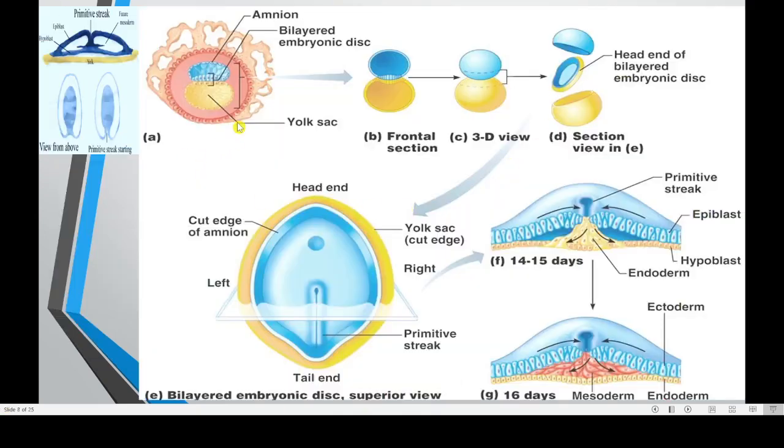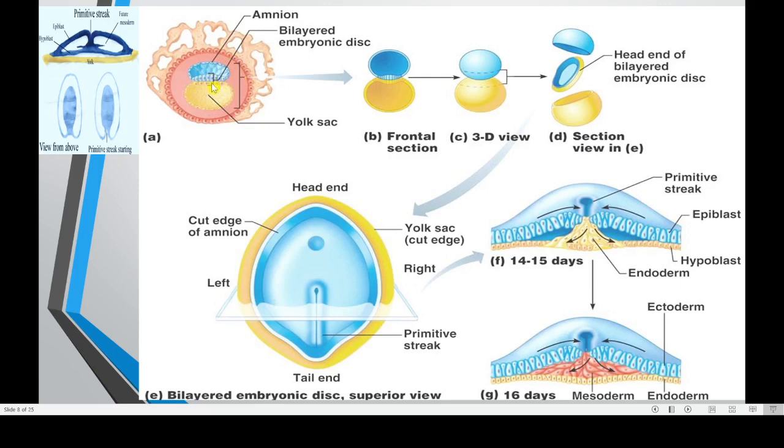Here also you can see the formation of mesoderm. This is the structure of the previous blastula, where certain divisions have occurred. Here you can see this blue colored is the epiblast, which has given a layer of amnion and epiblast as well.